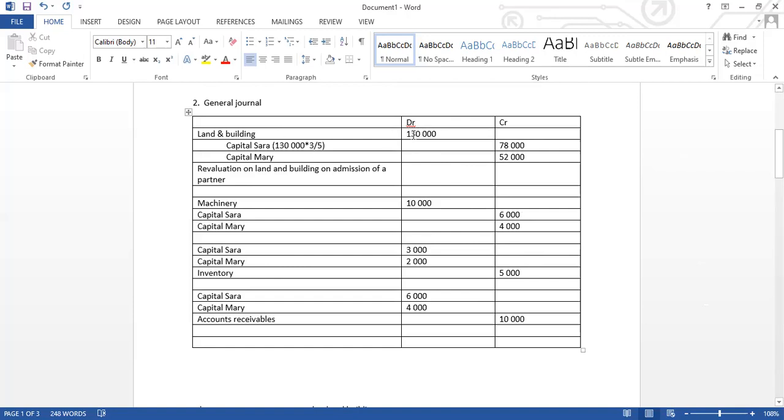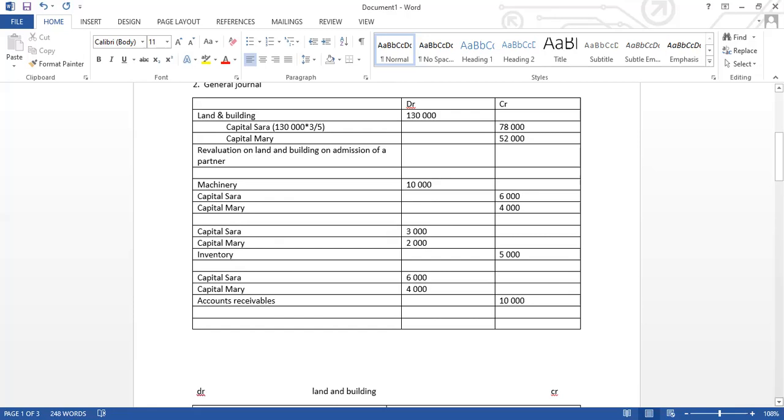We take 130,000 because there's a surplus, plus another surplus of 10,000, and then we get 140,000 as surplus. And then we subtract our losses. So 140,000 minus 15,000, and then we get 125,000 as the revaluation surplus.